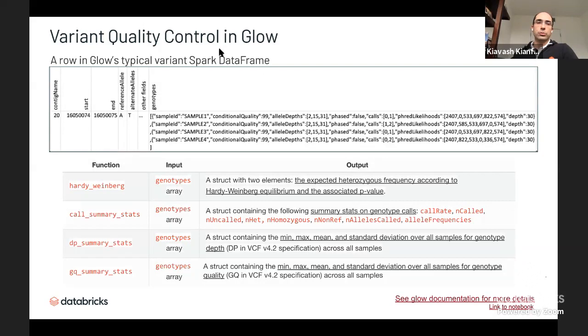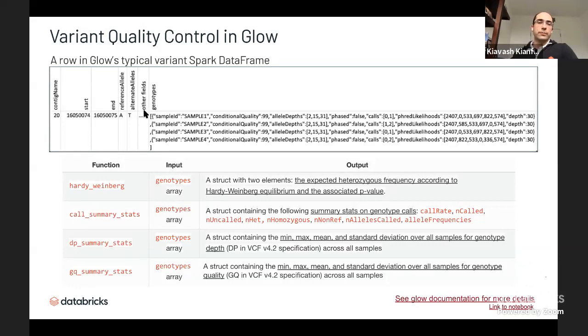So let's talk a little about the quality control APIs in Glow. These were covered by Amir, so I'm not going to spend much time on this, but these are of the type that are SQL functions. If you ingest a VCF, you get a data frame with these columns using Glow.